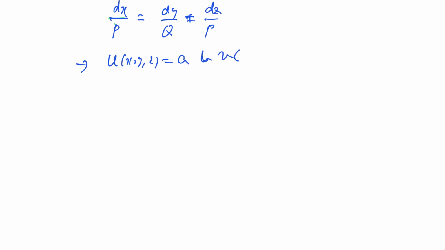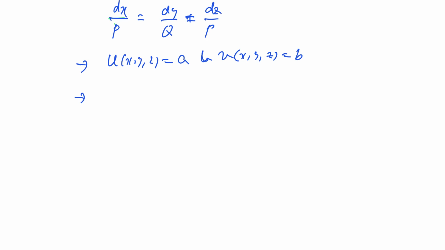So the condition is P over dx, Q over dy is equal to R over dz. We have u(x, y, z) is a, v(x, y, z) is b.